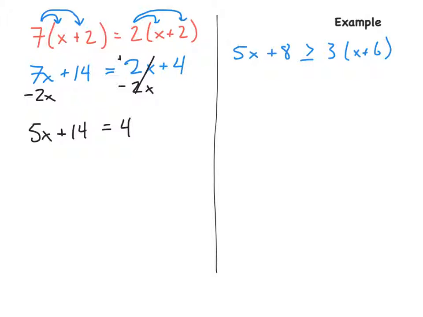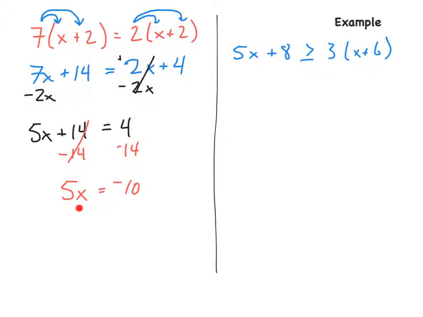Now, since I moved the variables over to the left, I need to move the constants over to the right. So I must subtract 14 from both sides. All I have left on the left side is 5x. And 4 minus 14, remember it's 4 degrees outside and it drops 14 degrees. So that's going to be a negative 10.